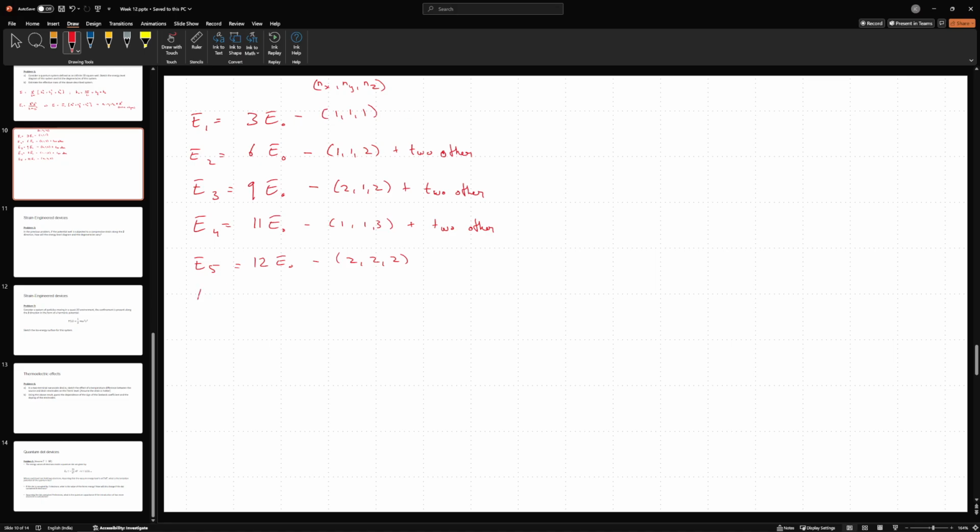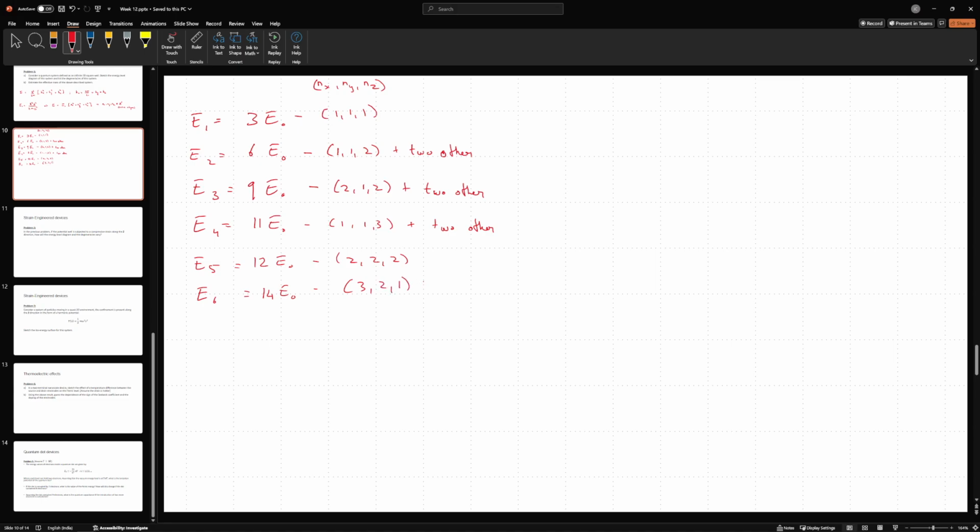Okay, and then for the sixth one, we can have 1 comma 2 comma 3. Yes, that would be 9 plus 4 plus 1, which is 14 E naught, which is 3 comma 2 comma 1.